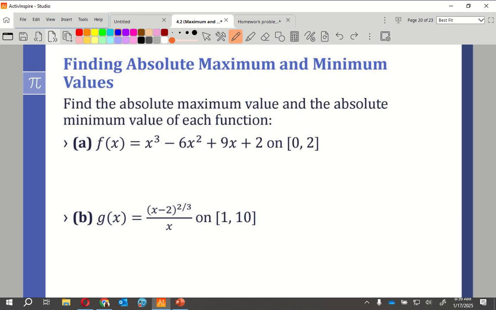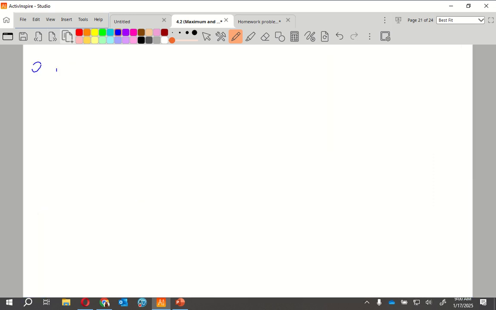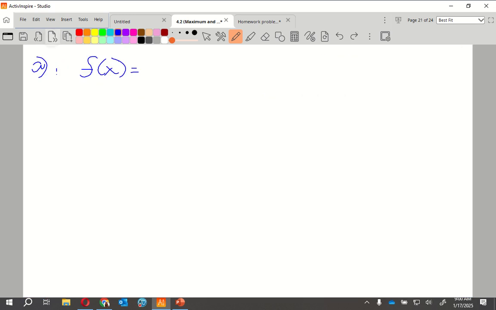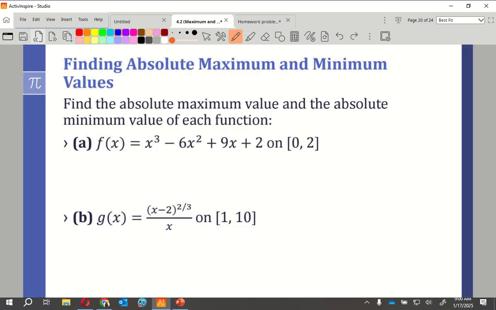Find the absolute maximum and the absolute minimum value for each function. So I'm going to do this on a new page. It says f of x equals x cubed minus 6x squared plus 9x plus 2 from 0 to 2.